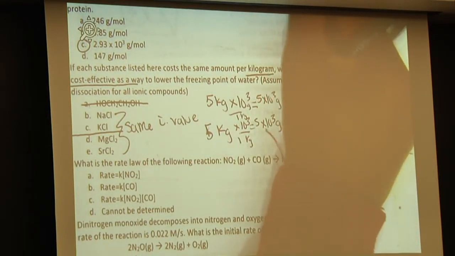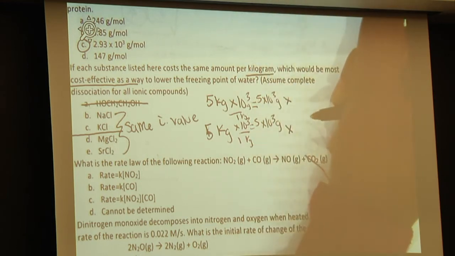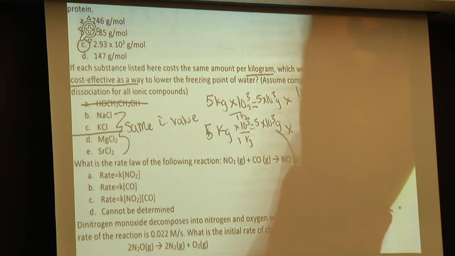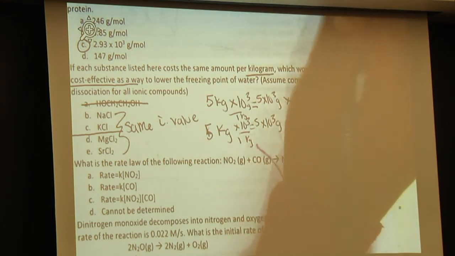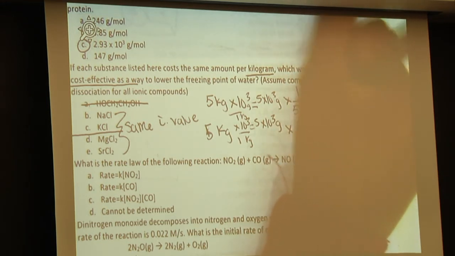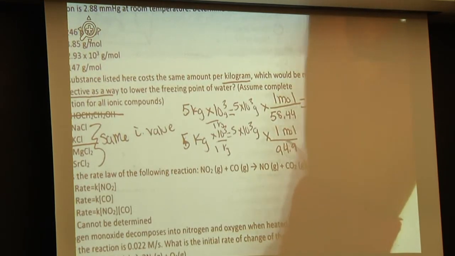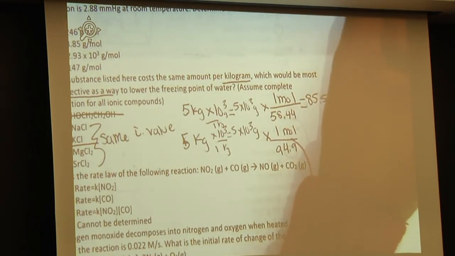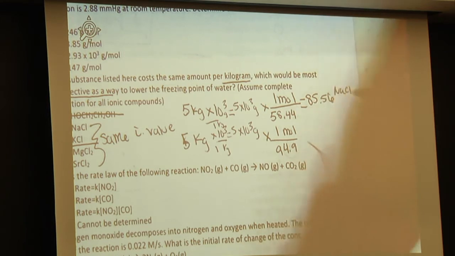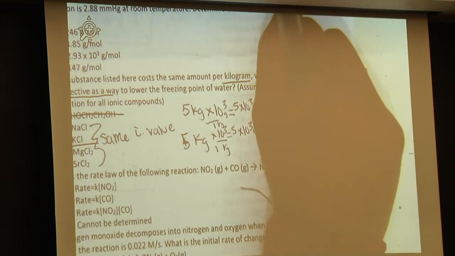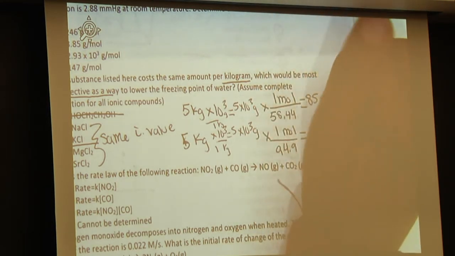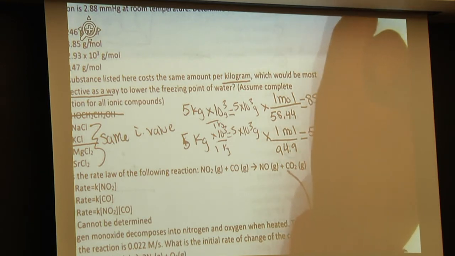So now you're going to multiply these weights by their molar mass. So you had 1 mole over the molar mass of NaCl, which is 58.44, and then 1 mole over 94.9. So for salt, you actually get 85.56. And then for MgCl2, you get 52.68.